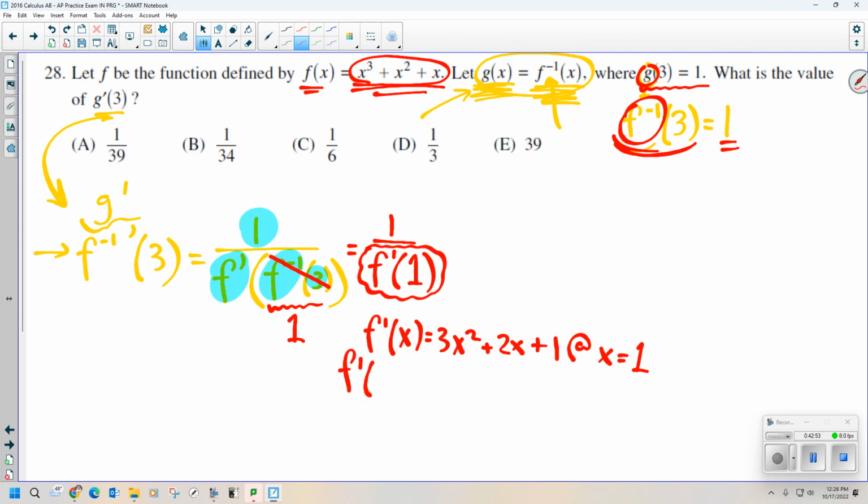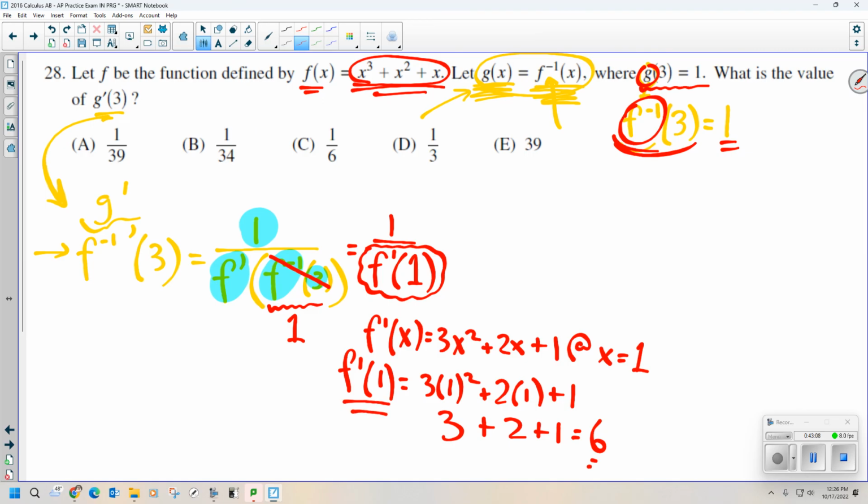So f prime of 1 is 3 times 1 squared, which is 3, plus 2 times 1, which is 2, plus 1. f prime of 1 is 6. So the answer is 1 over 6.